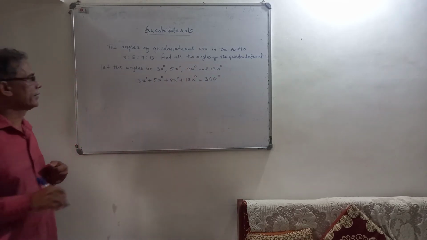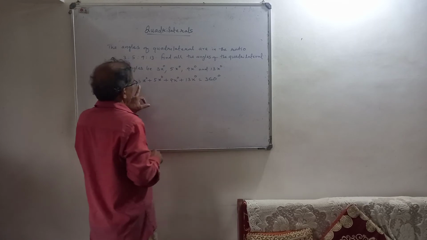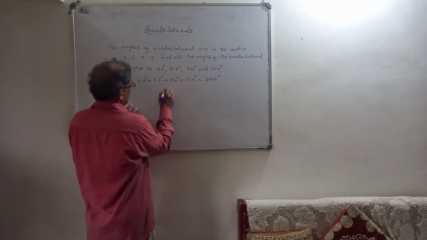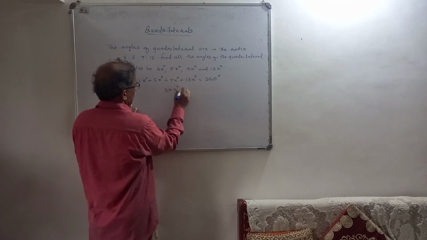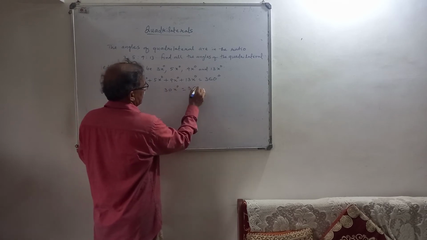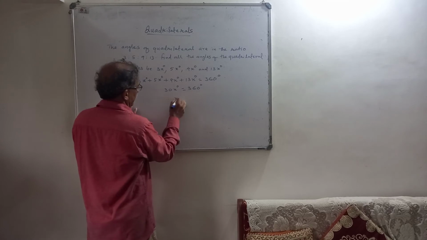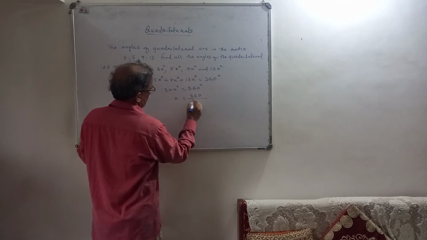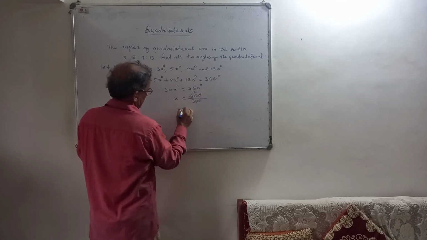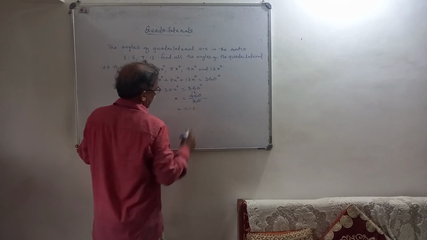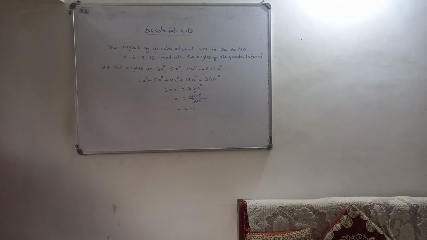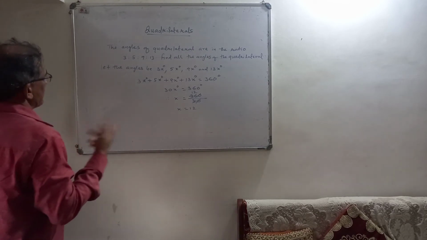Now we have to solve this. 5, 3, 8, 16, 17 and 30 means 30x degrees is equal to 360 degrees, and therefore x is equal to 360 upon 30. So x is equal to 12. One part means 12. Now we can determine the value of 3x, 5x, 9x like that.